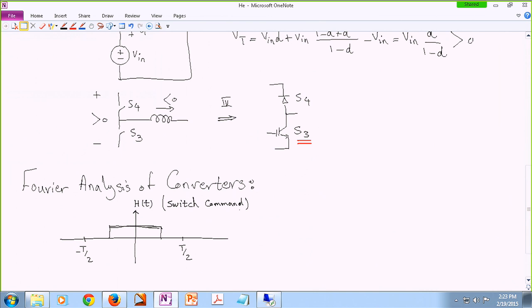And as I said, this is a periodic signal, so it just periodically repeats itself. All right. So remember, this is dt. Okay, and this is one period.